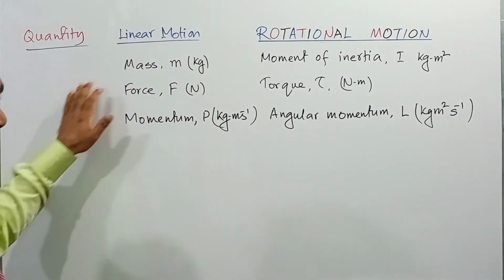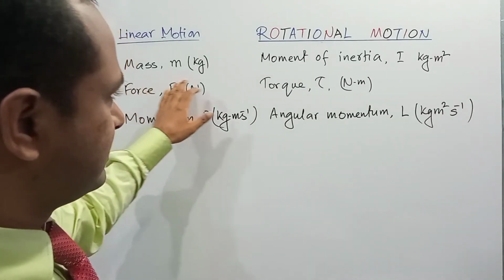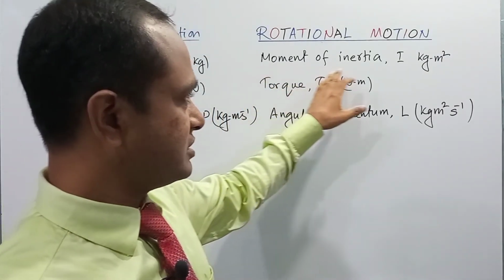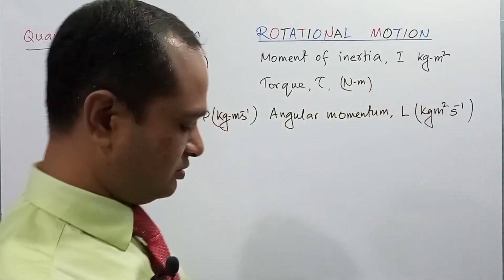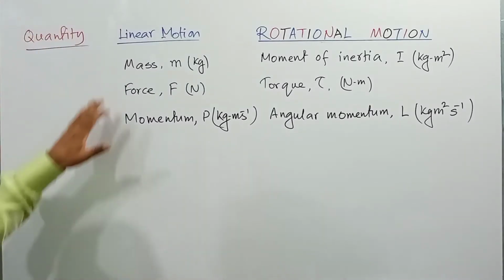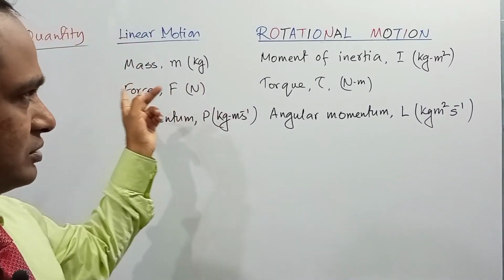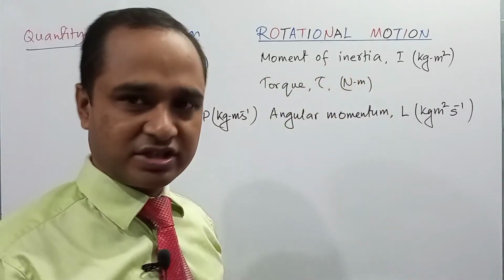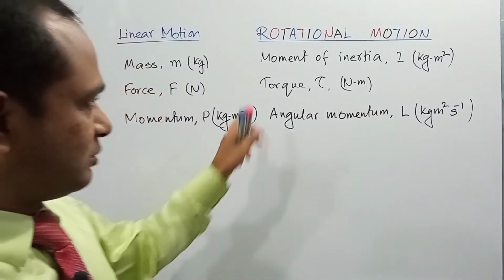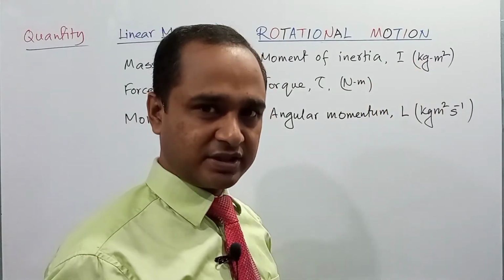In linear motion we use mass; the role played by mass in linear motion will be played by moment of inertia in rotational or angular motion. So moment of inertia is denoted by capital I, and its unit will be kg meter square.